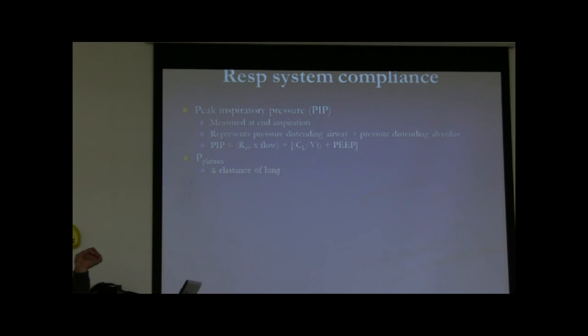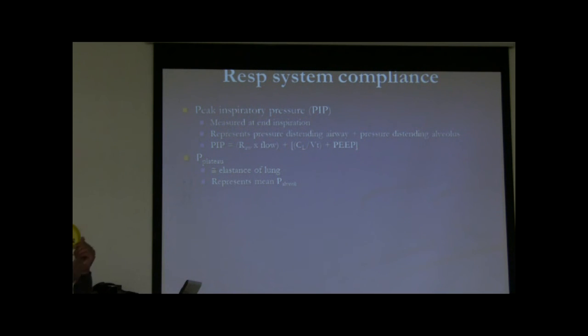This is one of the major things that helps us with compliance. Remember, the lung is elastic, and the plateau pressure is the pressure that's generated once the breath is introduced and delivered in the inhalation phase, if there is a cessation of flow.